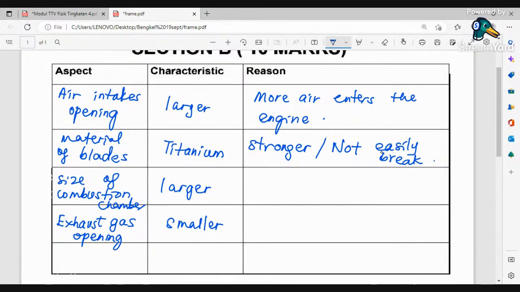Okay, size of combustion chamber larger, more fuel can be burnt. Lebih banyak akan dibakar lah. More combustion. Okay, more fuel for combustion, pun boleh.